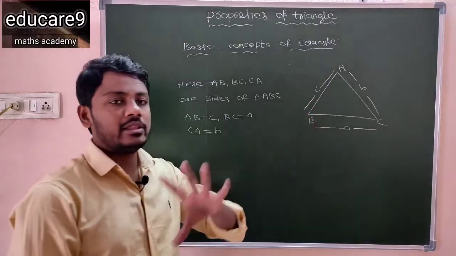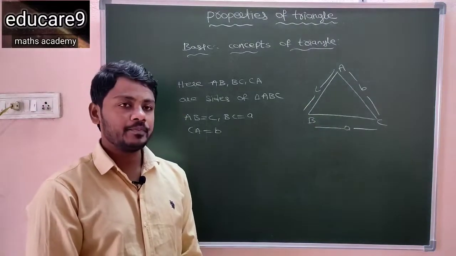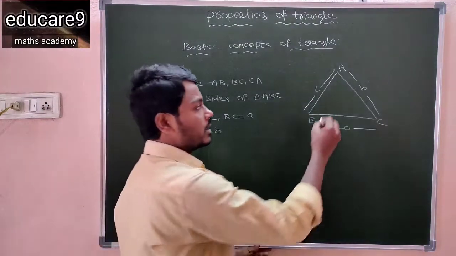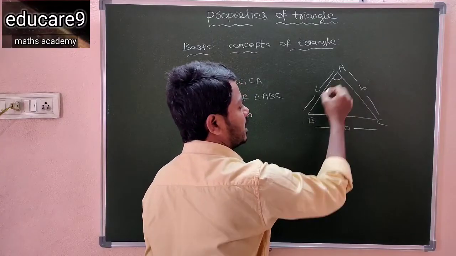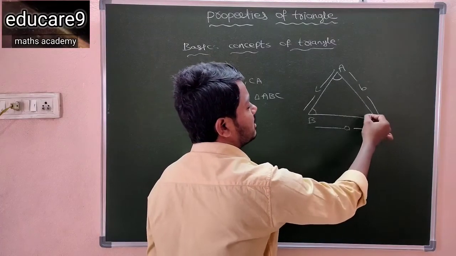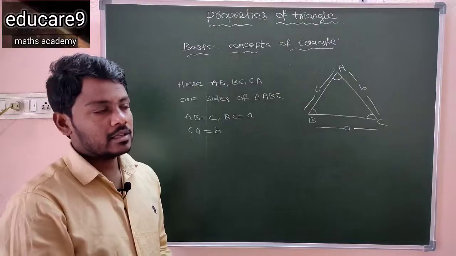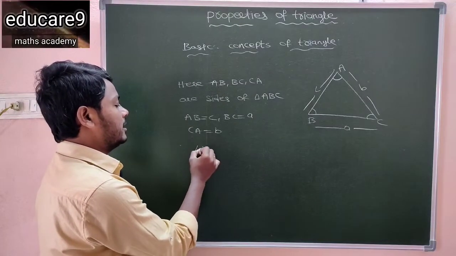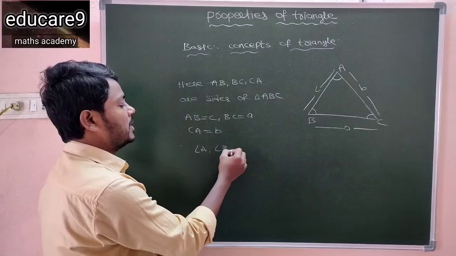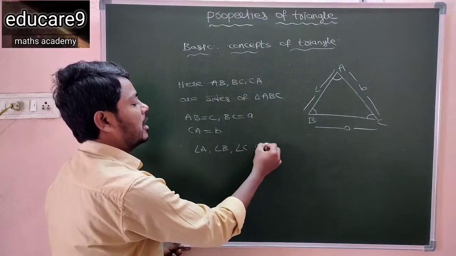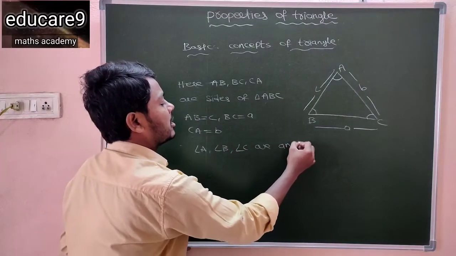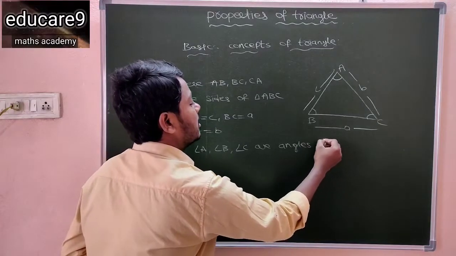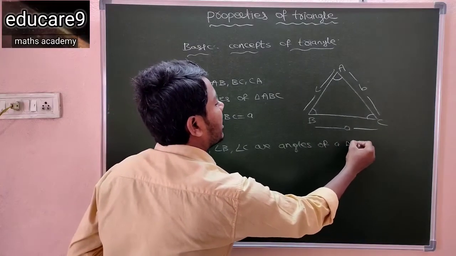These are the three sides of a triangle. And this is angle A, this is angle B, and this is angle C. So angles A, B, C are angles of triangle ABC.